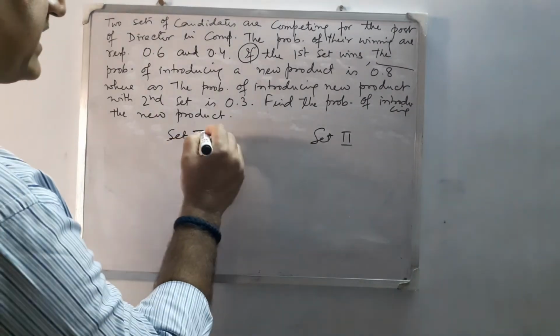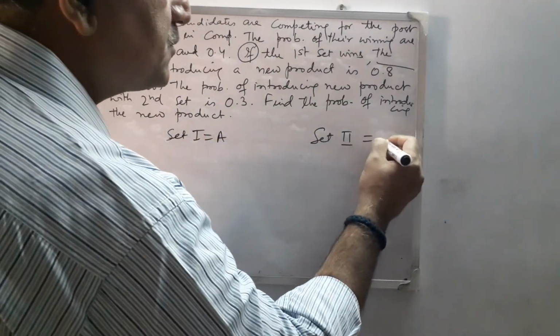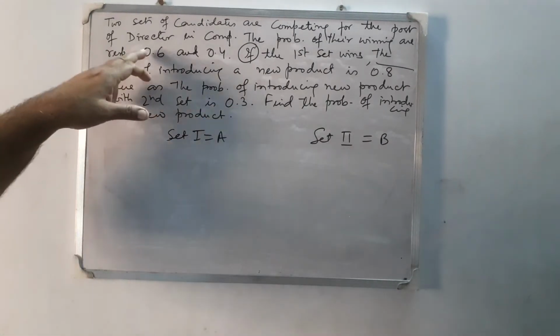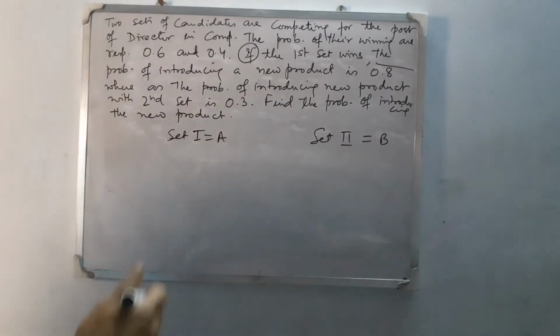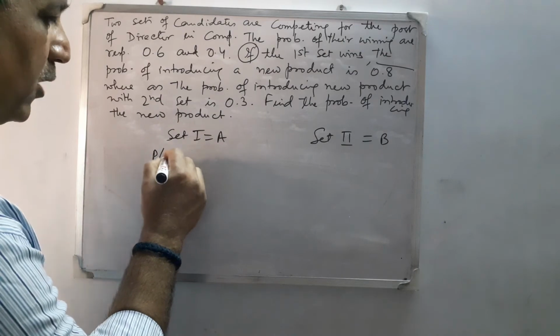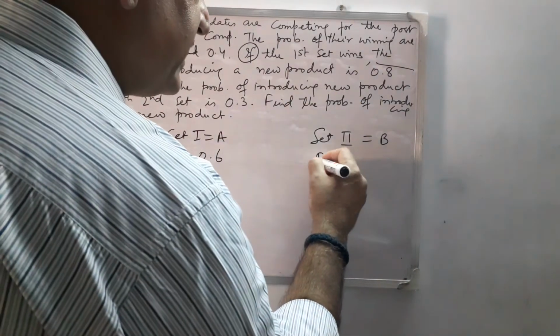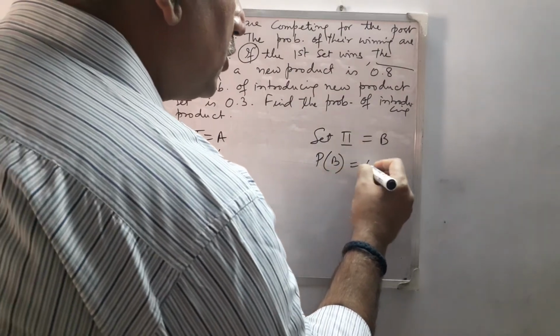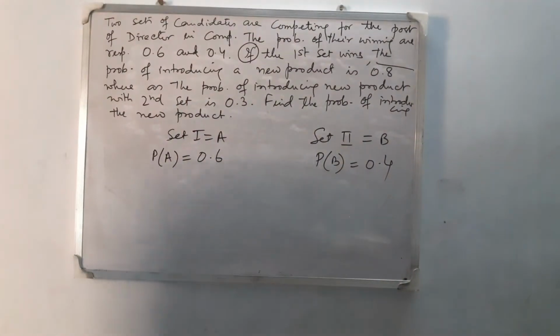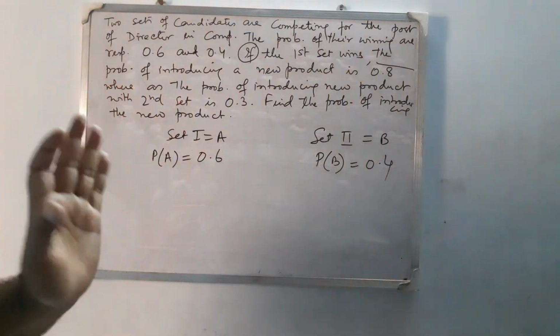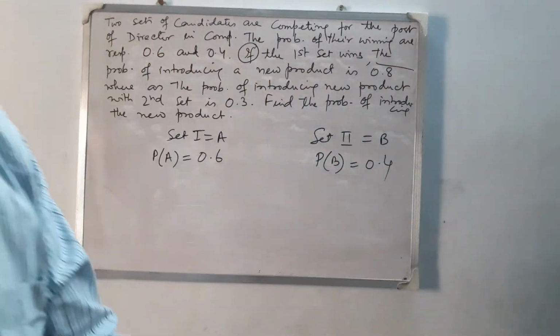Say the first set is A and the second set is B. This first set A has a winning probability of 0.6, so PA is 0.6 and PB for the second set is 0.4. So these two sets are competing.